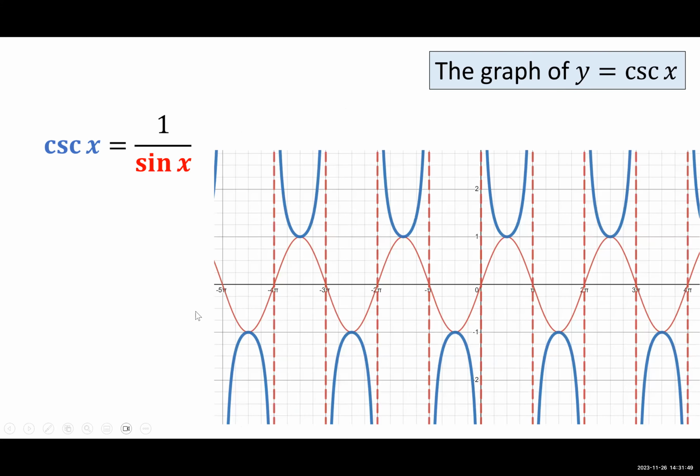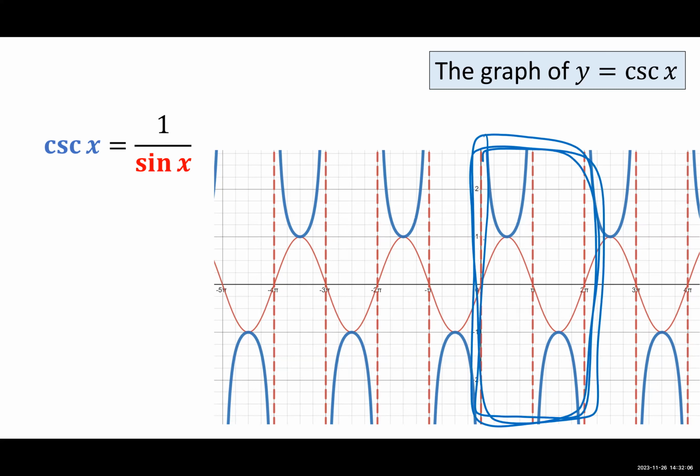And just like all of the other graphs we've talked about previously, the sine, the cosine, the tangent, and the cotangent, this was the graph on the previous slide, one period of the cosecant function. And this repeats to infinity and to negative infinity. So to the right and to the left, this one image is being repeated.